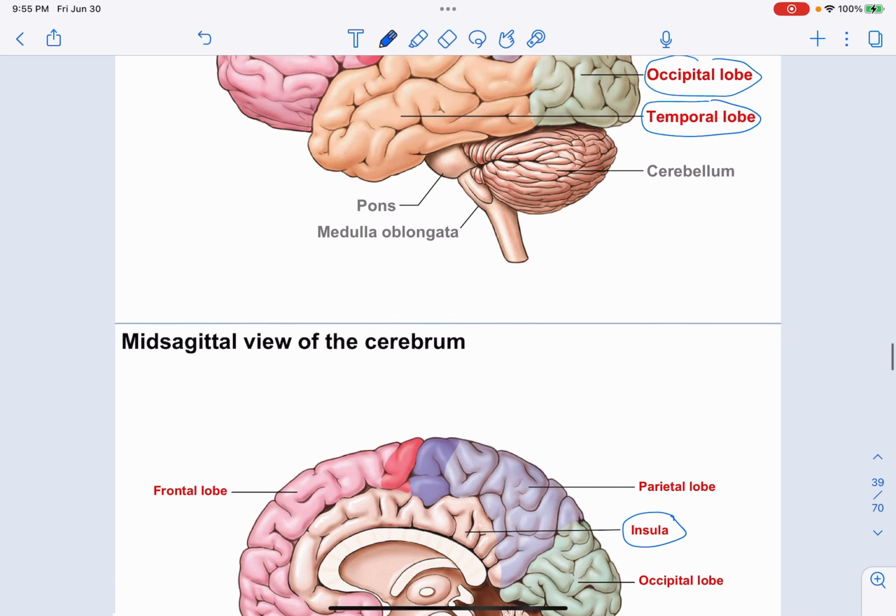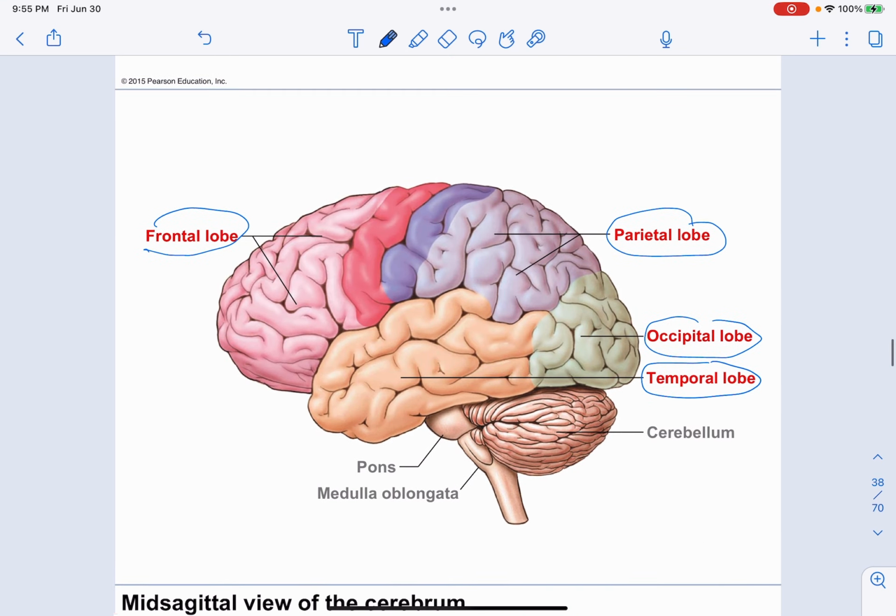So let's talk about the surface anatomy first. So I'm going to do that on this slide so that you can begin to understand how the gray matter is organized. So the surface of the cerebrum itself, much like the cerebellum, has a series of folds and grooves and shallow depressions.